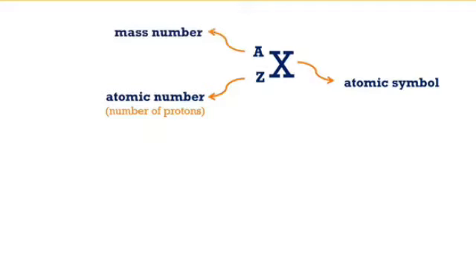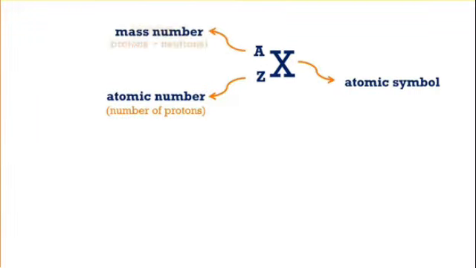In the given figure, you can see as an example that X represents the atomic symbol, and letter Z is the atomic number. What about letter A? It represents the mass number.